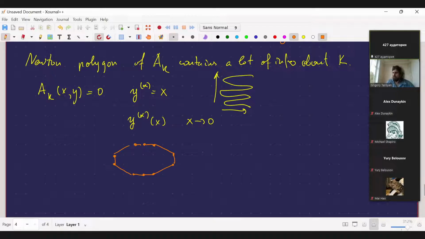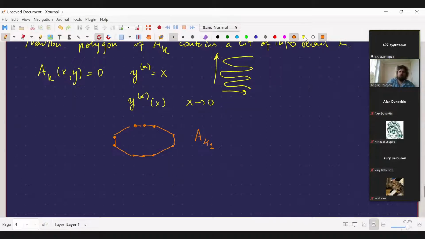So this is an A polygon, a Newton polygon for the knot A, so for the knot 4_1. And so here it's y degree and x degree.